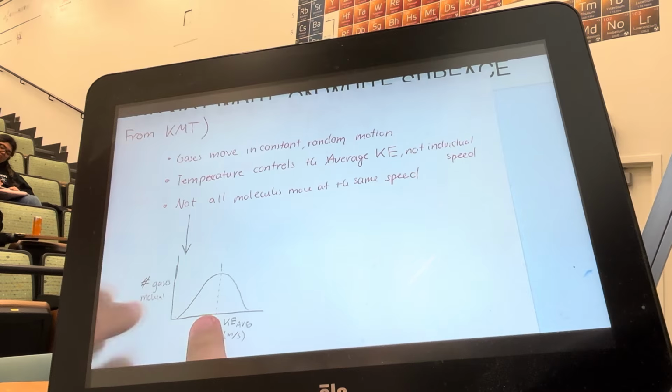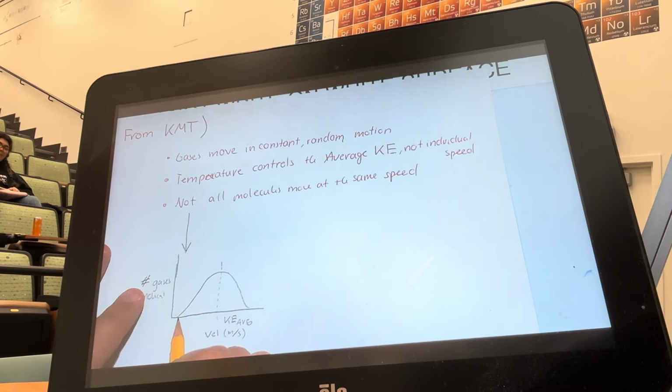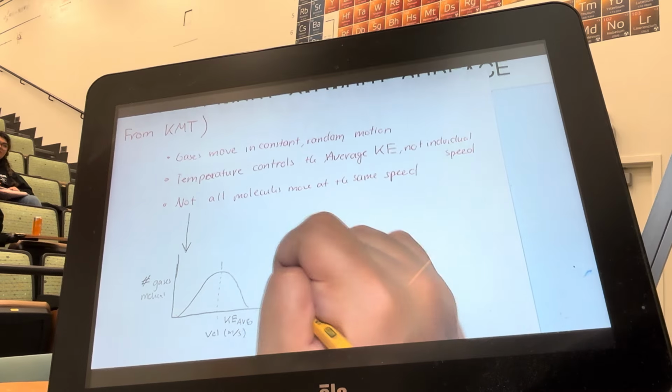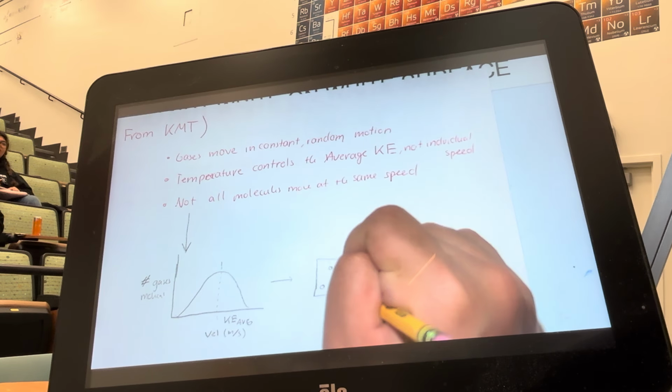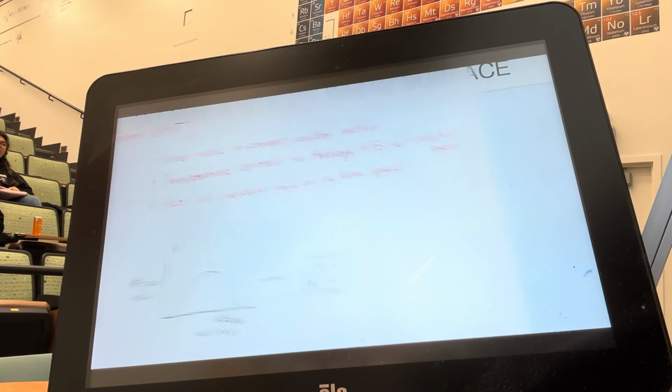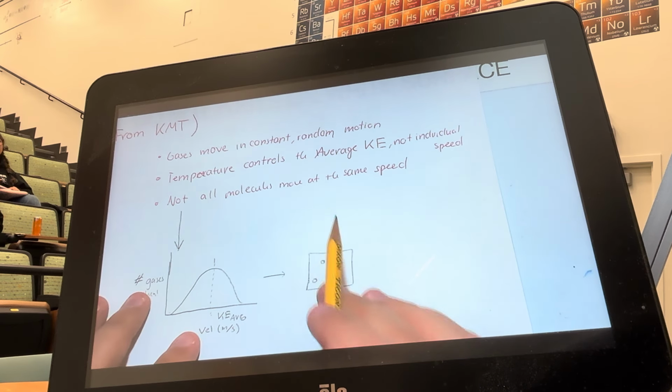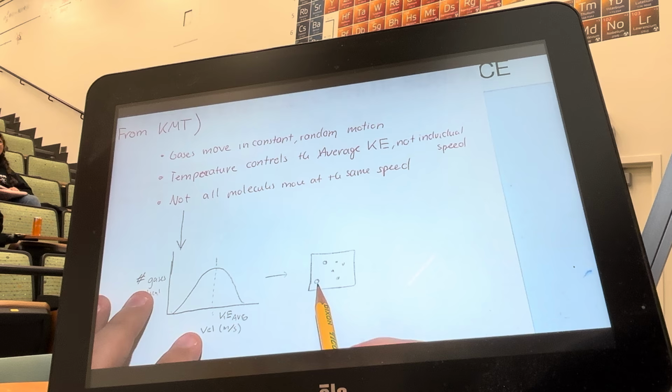So there is a gas particle moving at a really low speed. Let's say you have a canister of gas, and you have a few different little particles. What KMT is telling you is that this particle here does not move at the same speed as this particle.